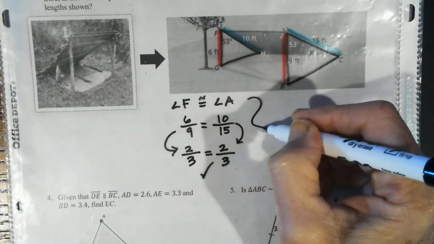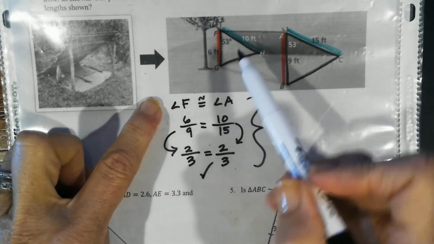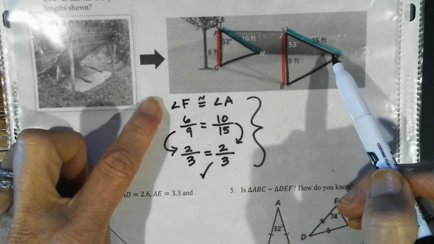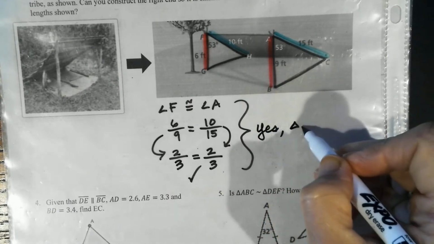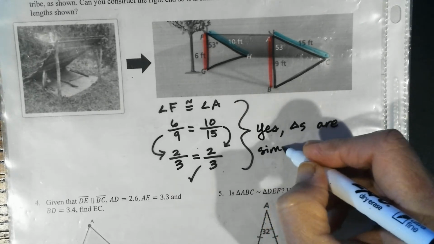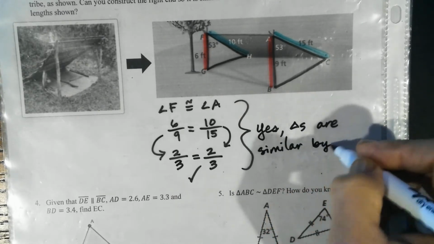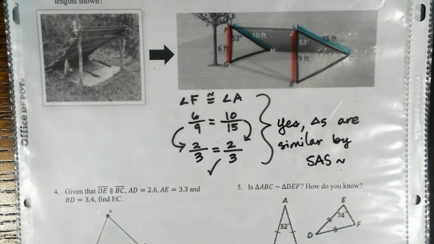So because you have a congruent angle, and you have these sides in proportion, then yes, the triangles are similar by the side angle side similarity theorem.